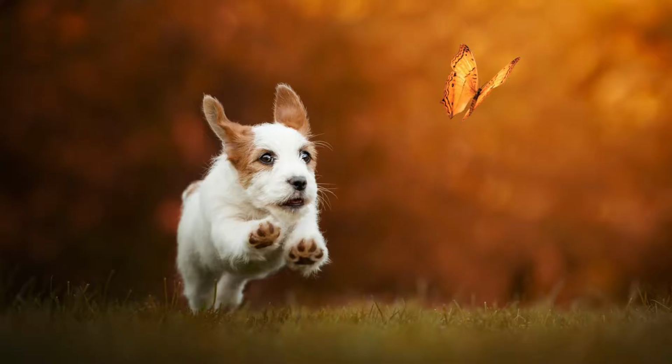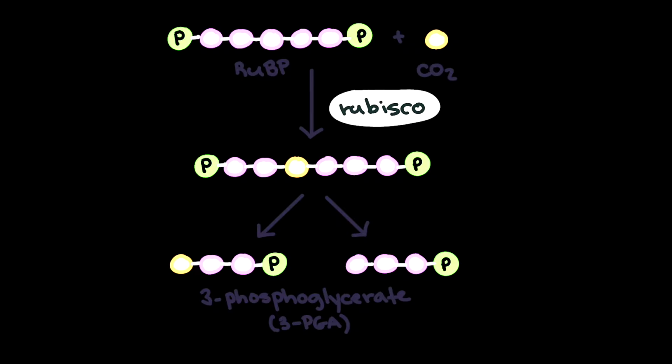But also sometimes like a pet dog, the pet dog can stray away from its owner or run away from home, etc. So in this stage, once in a while, RUBP might stray away chasing anything else other than CO2, and this can be an oxygen atom.